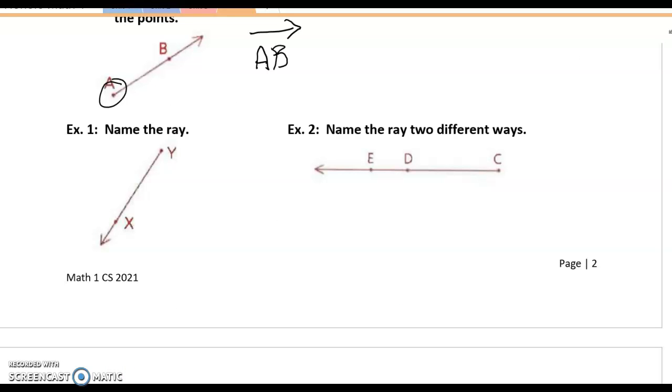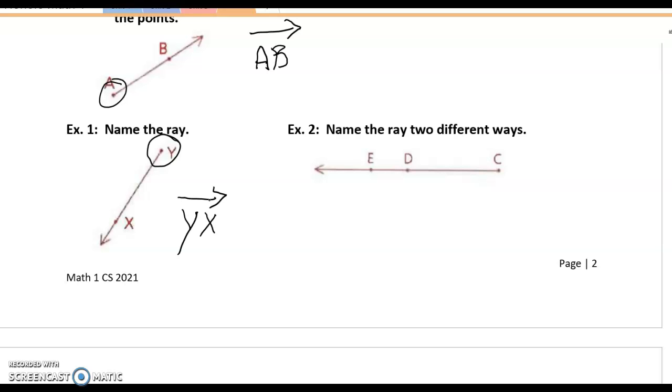All right, let's take a look at example number 1. We want to name that ray. And you always need to start with the endpoint. Where is the endpoint for the ray? In this case, it's going to be Y, and then we're going towards X, and then there's our ray symbol. All right, let me give you some time to see what you can do with example number 2.